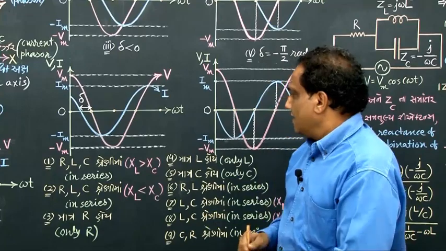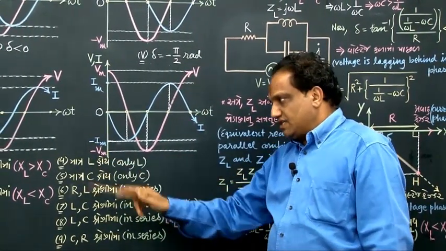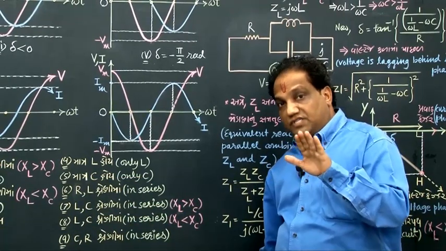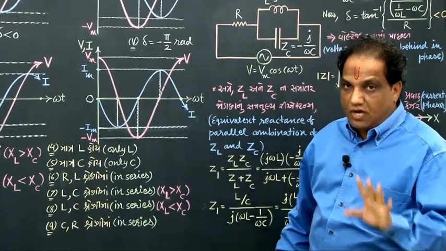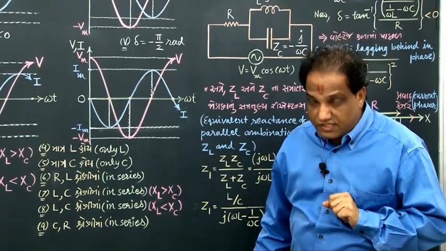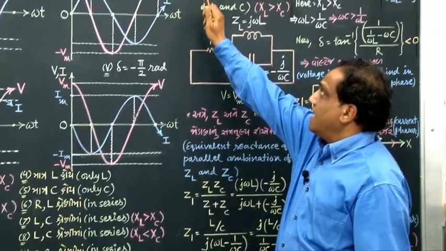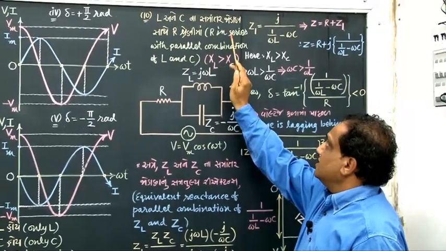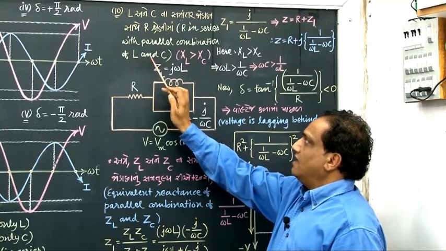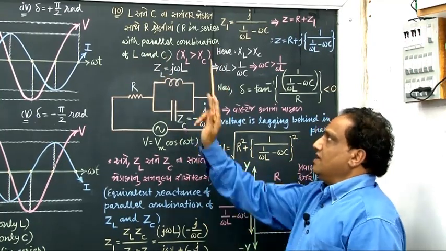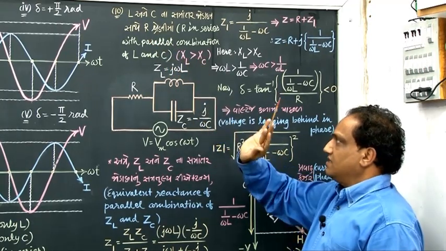Okay, fine. These were the 9 circuits in which components were connected in series. And now another 2 circuits we will consider in which all the components are not connected in series. Consider circuit number 10, R in series with parallel combination of L and C. And here in circuit number 10, we will consider this case, XL greater than XC.